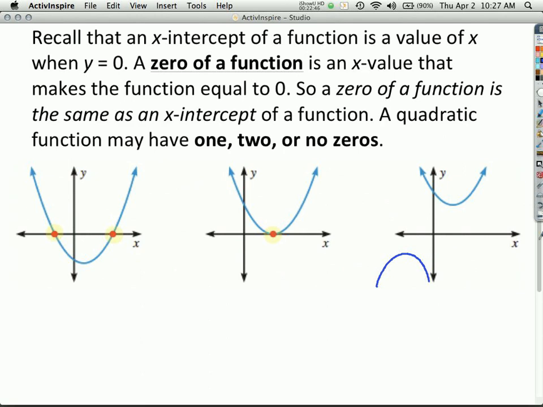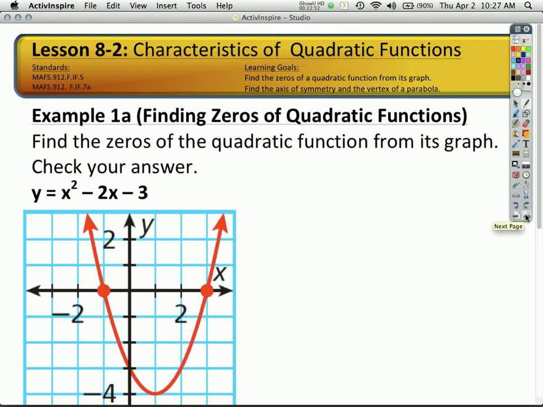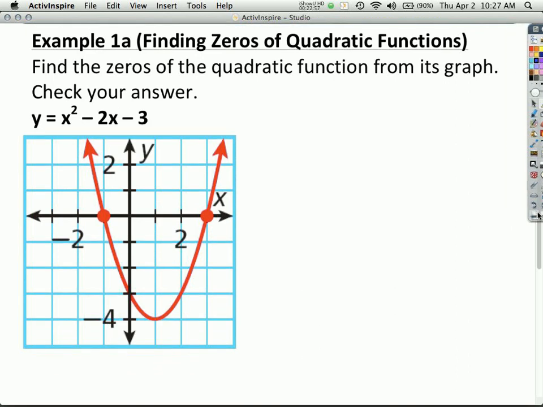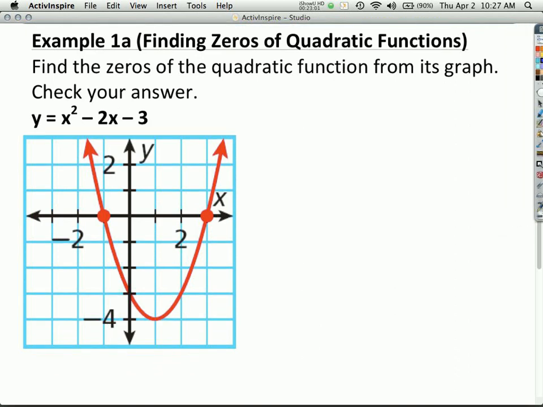Any questions about how that works? All right? So, finding zeros from a graph. You will see that I've given you the companion to the notes. So everyone find the graph on your little sheet that I gave you that matches this one. I'm pretty sure I handed it to you facing the right way, but it's possible it got flipped over.